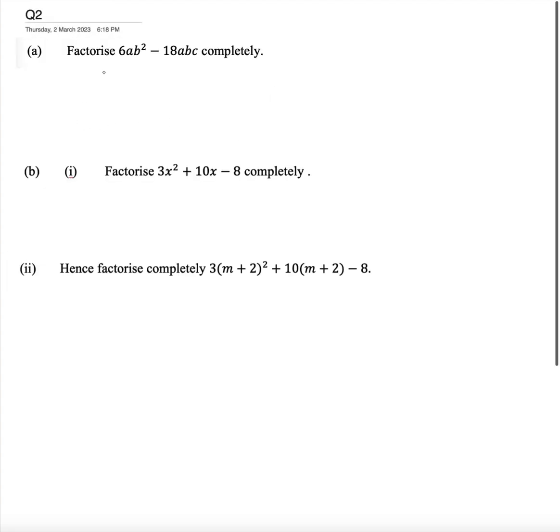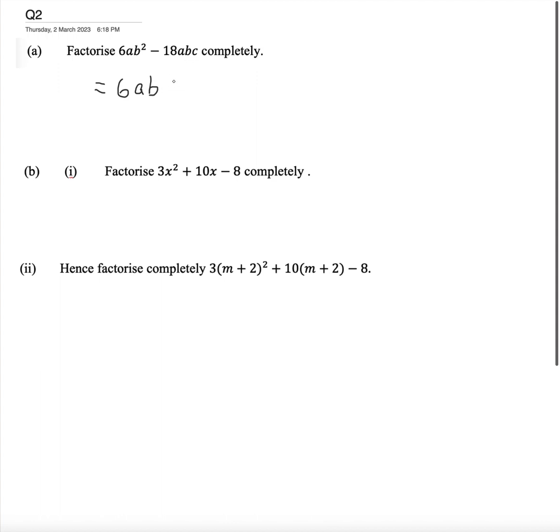The next question is on factorization. The first part is to factorize out the common factor. Looking at the numbers, the common factor is 6. Then the a term is common. For b squared and b, the common factor is the lower power, b.